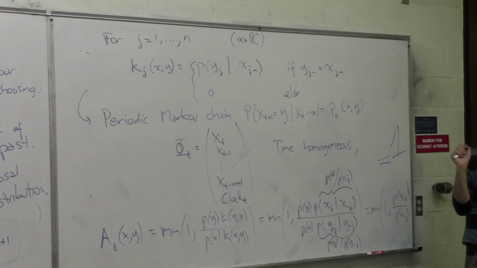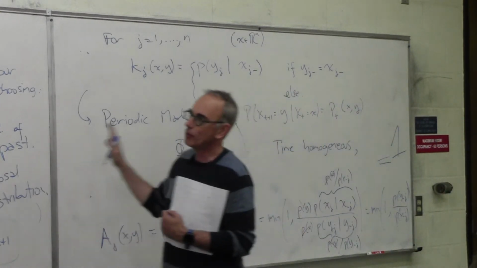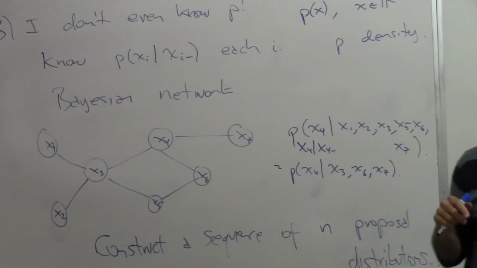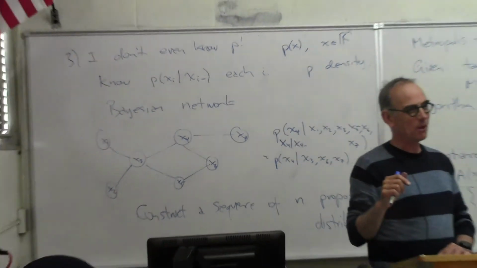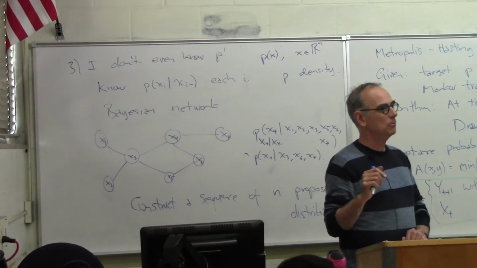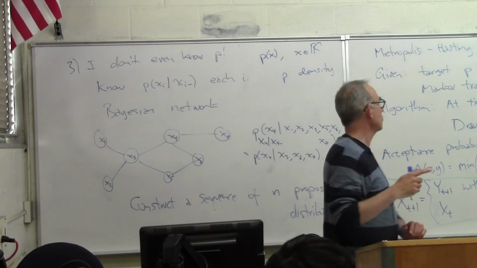So we accept everything. The reason for all this work is just to embed the Gibbs sampler, that's what this is called, into Hastings-Metropolis. So this is called the Gibbs sampler.